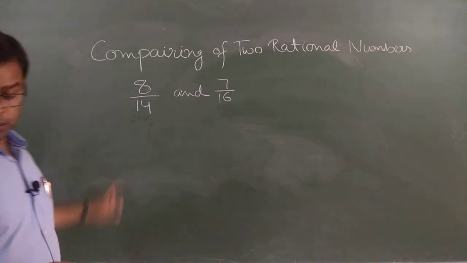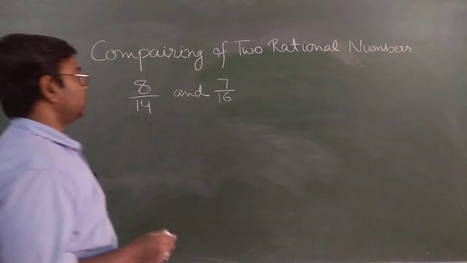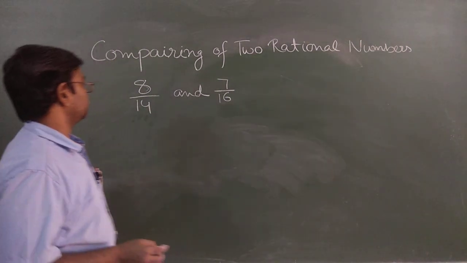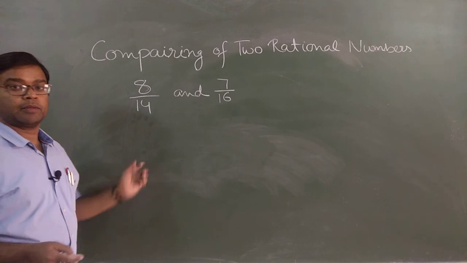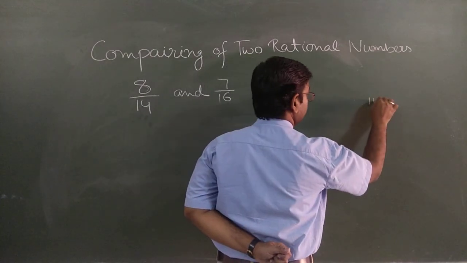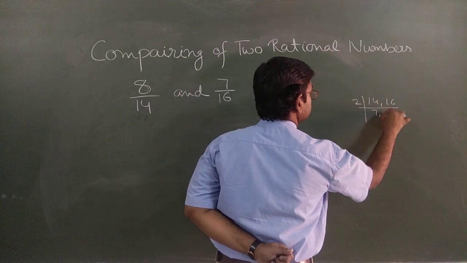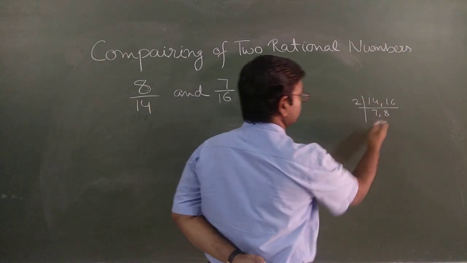Number two, we have to find the LCM of both denominators. So here 14 and 16. Do this in rough. 14, 16. I think we are unable to divide.